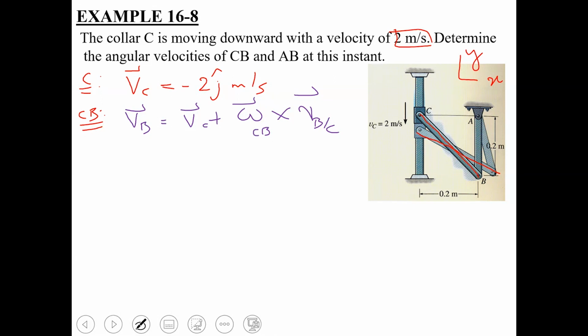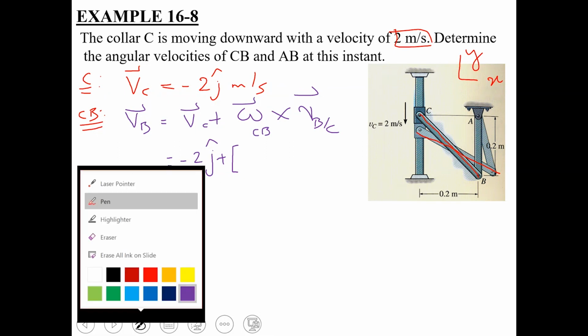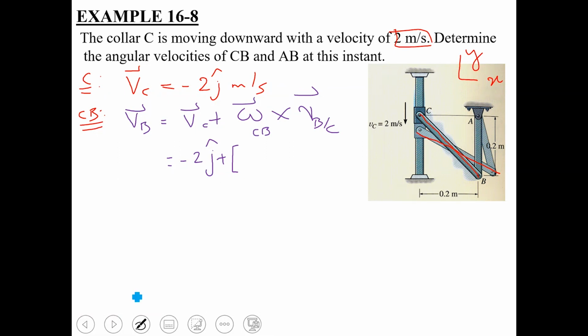Okay, now completing these vectors in this equation, since VC is given to us as minus 2j, VC की जगह मैंने minus 2j put कर लिया. Moving on to omega, can you judge the direction of the angular velocity of link CB? जो दो positions आपको show की गई हैं, वो क्या represent कर रही हैं? This is going to be the direction of omega, isn't it?